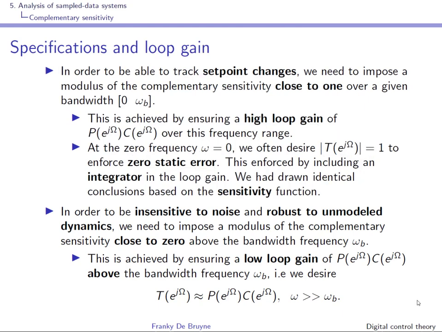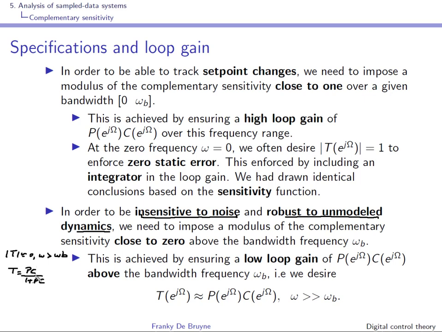In order to achieve insensitivity to noise and robustness to unmodeled dynamics, we need a sufficient roll-off of T above the bandwidth frequency, or equivalently we need to impose a small modulus of T, so a modulus of T around 0 for frequencies above the bandwidth frequency. The complementary sensitivity function is PC over 1 plus PC.